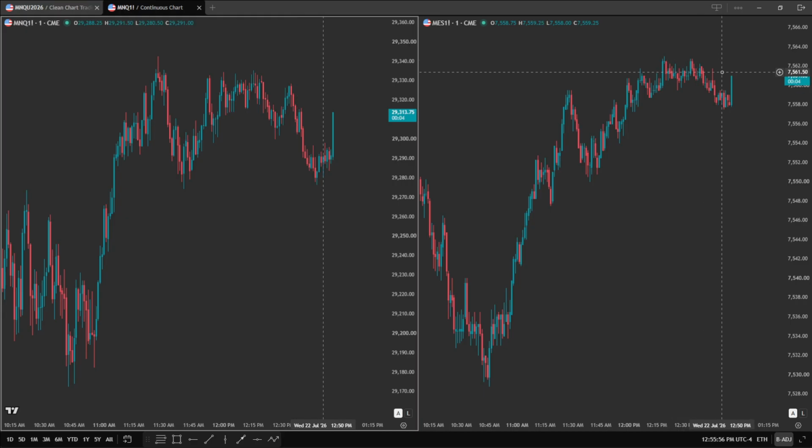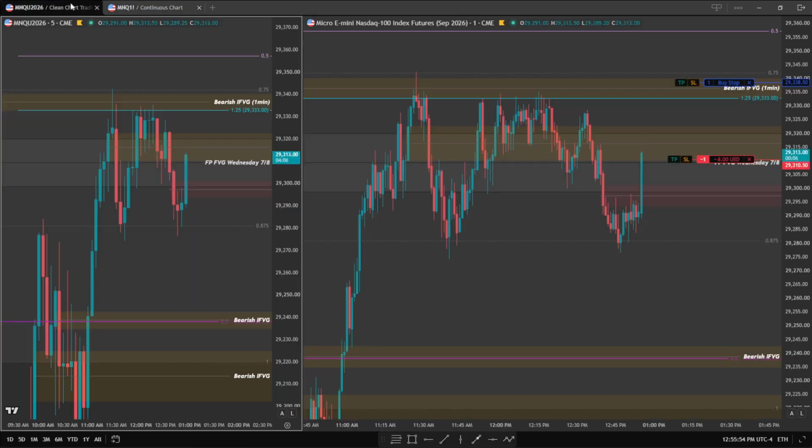ES hasn't taken high. I really wanted ES to take high of day already. Doesn't have to necessarily. It could just leave these. I think we took that little high there, went to the consequent encroachment. I said that was a possibility.